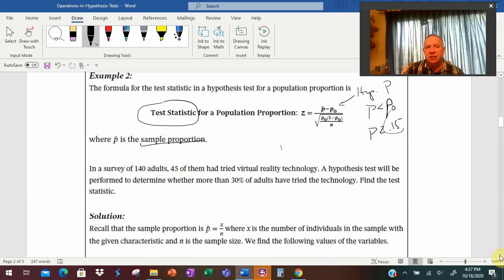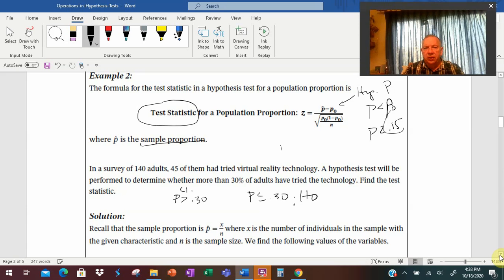So we would go through the statement. Let's add the statement. To determine whether more than 30%, so P greater than 0.30. Complement, P less than or equal to 0.30. I need to put a claim here.